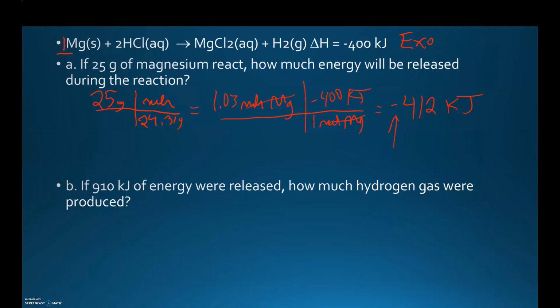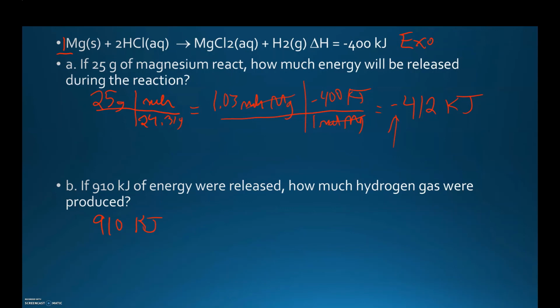In part B, it says if 910 kilojoules of energy are released, how much hydrogen gas was produced? To do this problem, we're given 910 kilojoules. This is sort of working backwards from the problem we just did, so we still need the conversion factor.